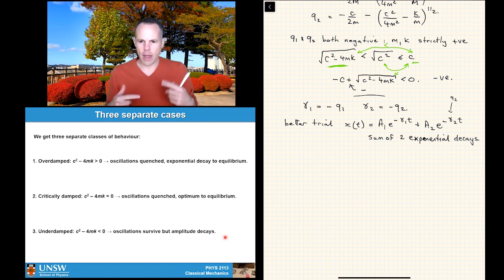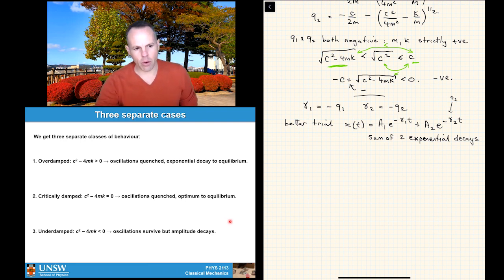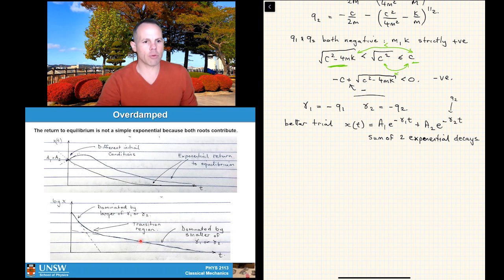You could go through now and use boundary conditions to work out what A1 and A2 and so forth are. Often it depends on the problem you're solving and how to do it, and I don't want to get tangled up in that maths. It will take us half the day. But what I want to do is just quickly graph what this thing sort of looks like.